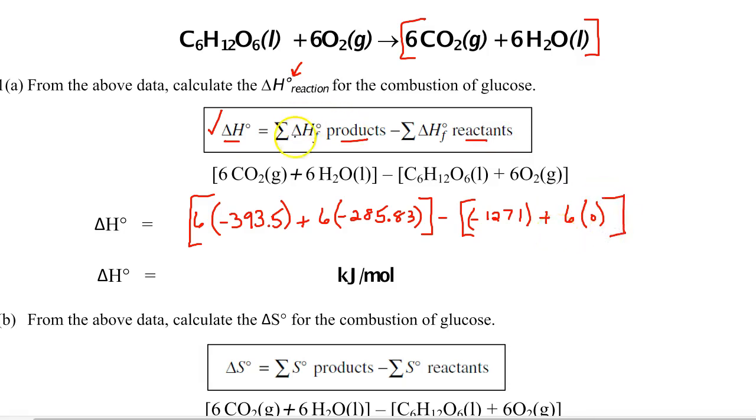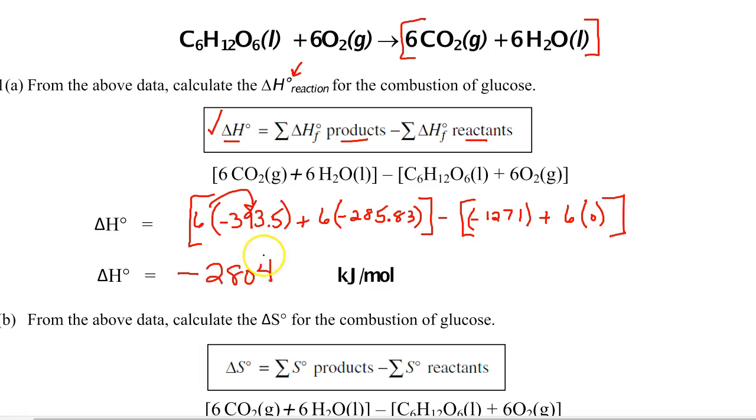And so when we put this in our calculator, 6 times negative 393.5 plus 6 times negative 285.83, take that entire result and minus it by negative 1271, what you get is a delta H of negative 2804.98 kilojoules per mole.